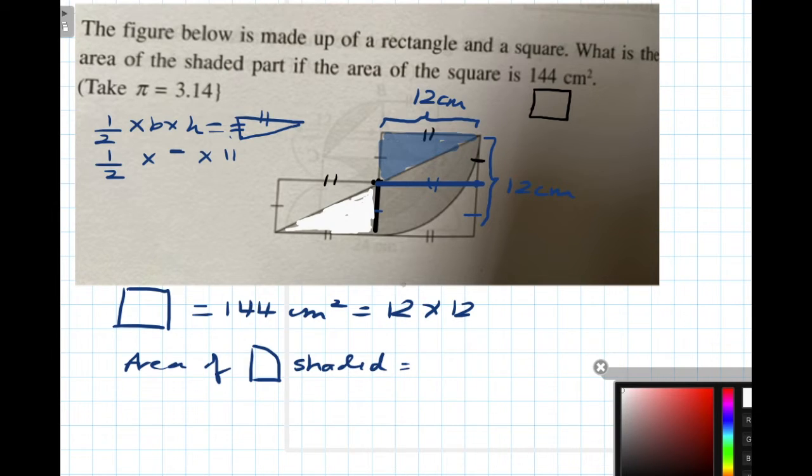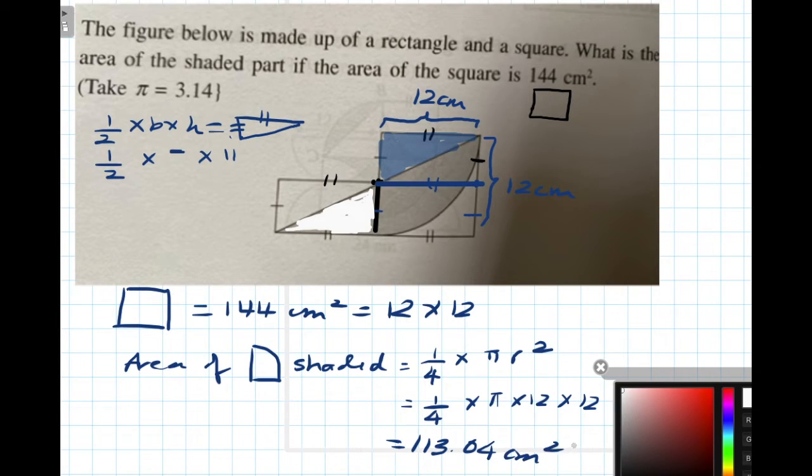portion, is actually equal to 1/4 times pi r squared. This is the radius of a circle. Circle is like that, up here. This will be the radius, correct? 1/4 times pi times 12 times 12 will give you 113.04 centimeters squared.